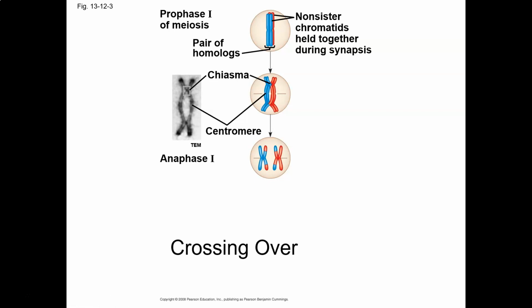So they still are complete. Each one has a complete set of genes carried by that chromosome or that homologous pair, but they've just mixed it up some.